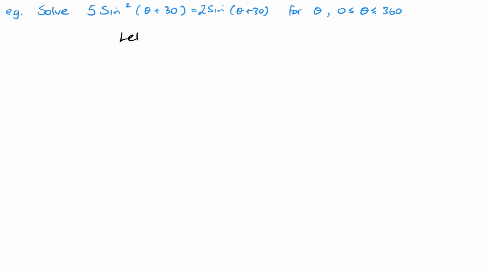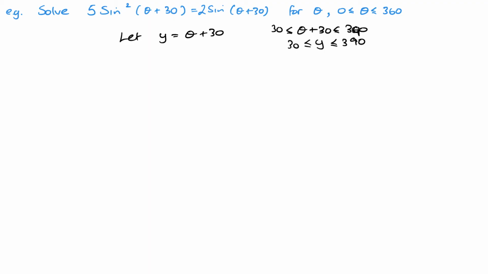So we'll say let y equals theta plus 30. And while we're at it, let's change our range as well. So the range for y is between 390 and 30 degrees.